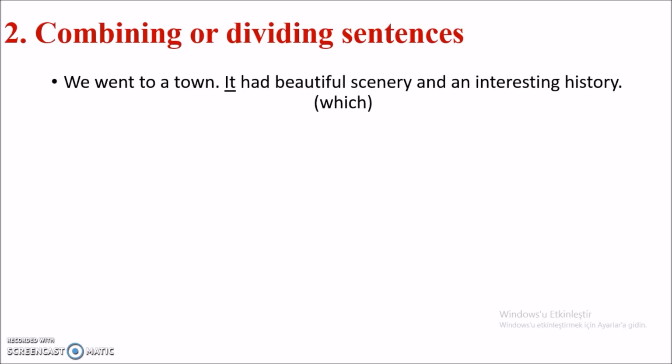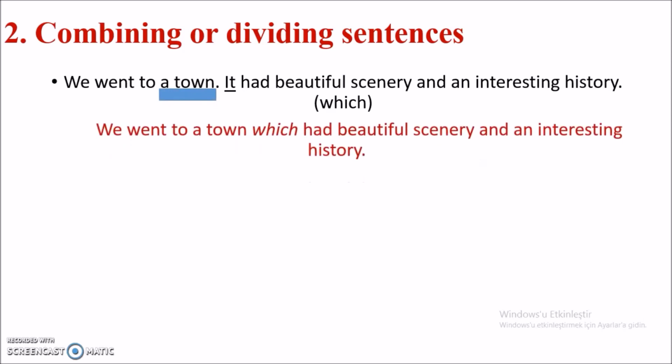So it tells me that I can combine these two sentences by using which. When we look at the sentence, a town and it are the common points, so you can use which as a relative pronoun and combine the two sentences. I would say, we went to a town which had beautiful scenery and interesting history.